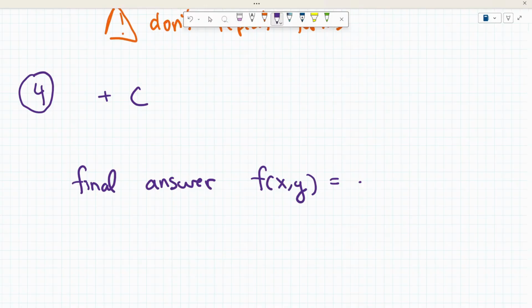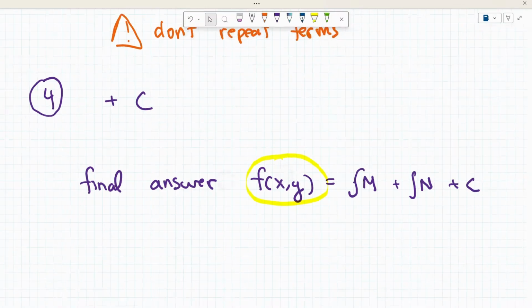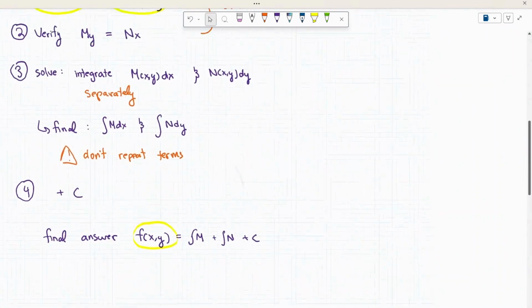That will include the integral of our M, and then our integral of our N, and then our integration constant C. So this is coming back to our function. Essentially, we're finding a potential function by integrating both M and N separately, and then collecting all the terms and not repeating repeated terms.